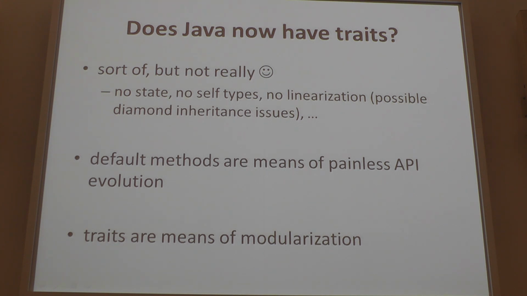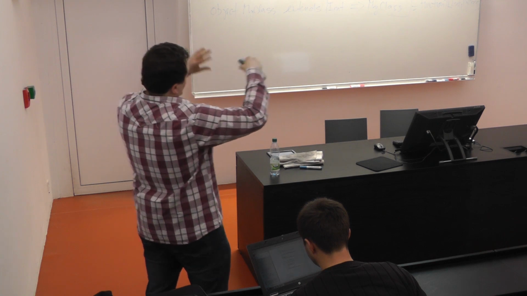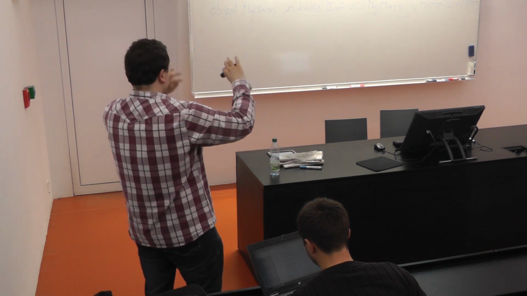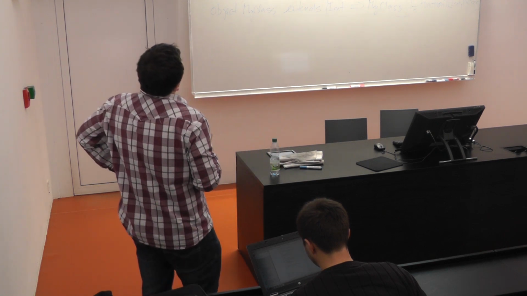As I said, the cake pattern is built on this, and you can compose your application by using traits and divide your classes into many smaller traits and stuff like that.